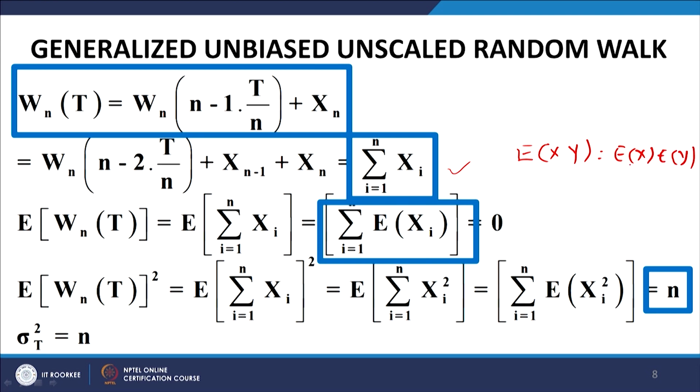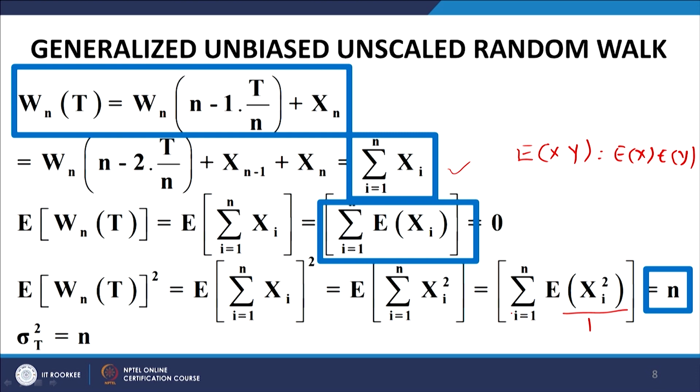So, the cross terms will all vanish and we will have expectation of the summation of x_i squared equal to the expectation of x_i squared summed over 1 to n. Each of these is 1, and because you have n ones, the total becomes n.